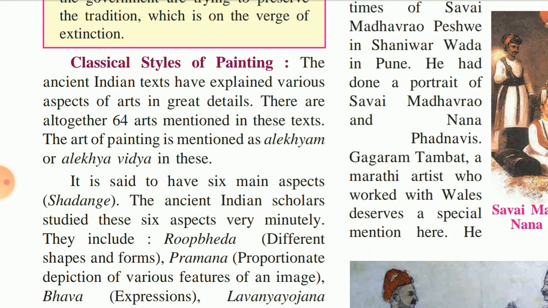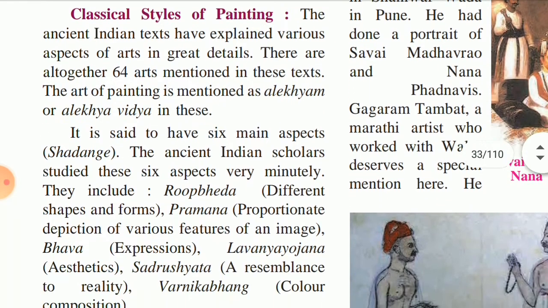So, since this knowledge is classical, it will have the classical blend also. Let us see how it is considered as classical. It has 6 main aspects. These main aspects are called Shadanga.